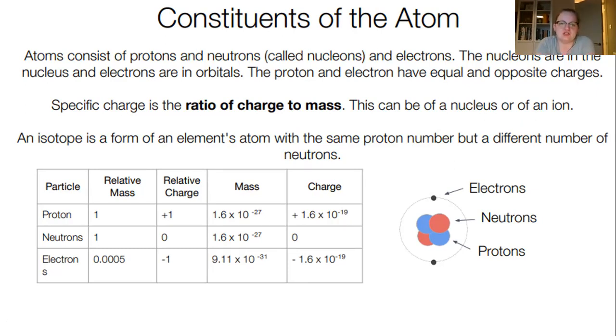What we actually do start to look at as well is the radius of some of these subatomic particles. I'm just going to add them onto this slide now. So we start to look at them in even more detail when we get to physics. Our atom's radius as a whole, I'm just going to write at the top, is 1 times 10 to the minus 10 meters.